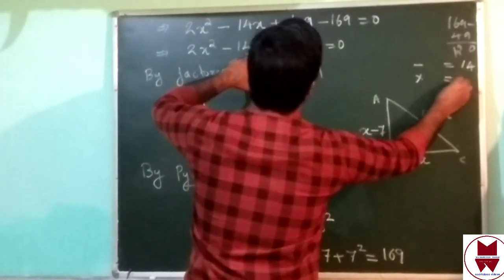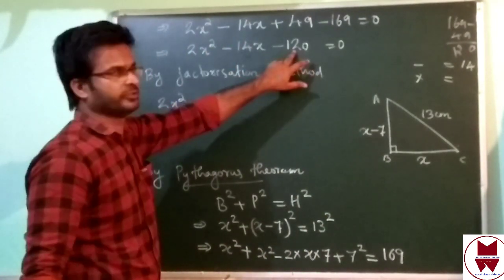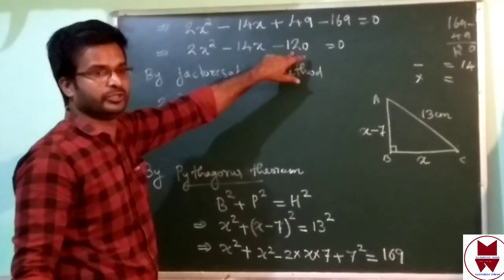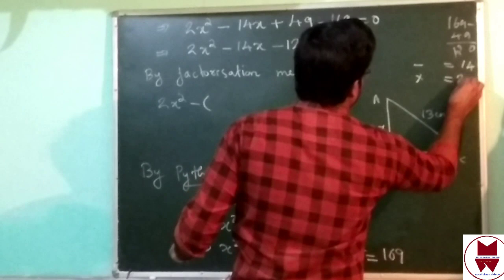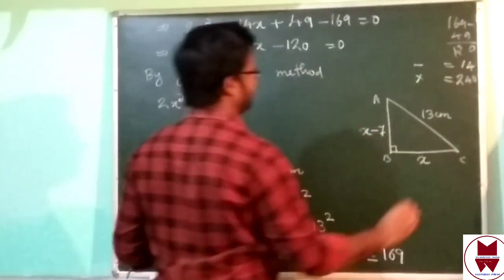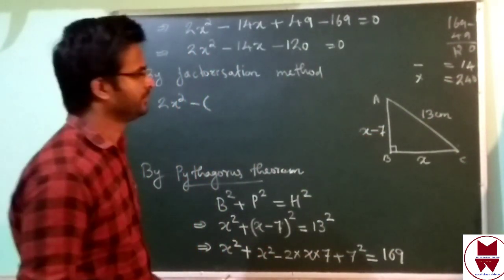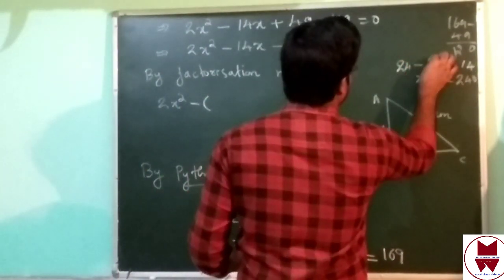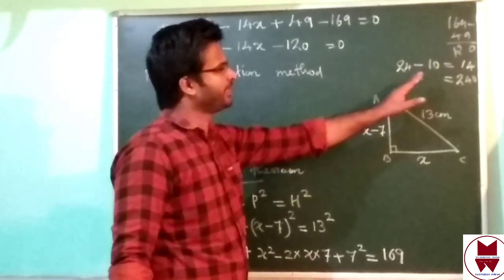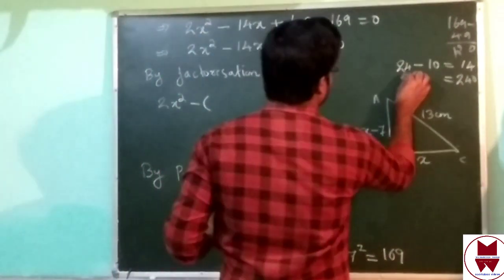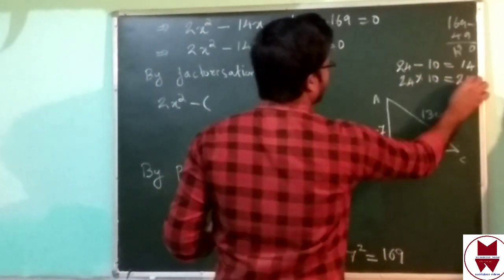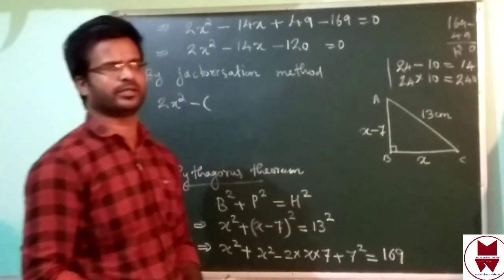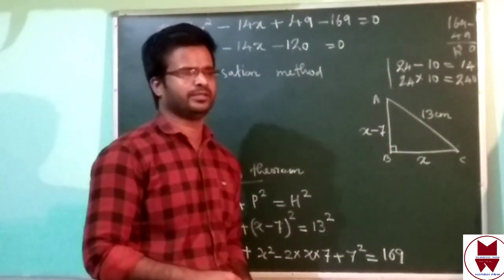When you multiply, we need 2 into 120. You have to multiply 2 and 120. 2 into 120, 240. Which are numbers? You can consider 24 minus 10. 24 minus 10, 14, isn't it? That 24 into 10, 240. That means our required numbers are 24 and 10.